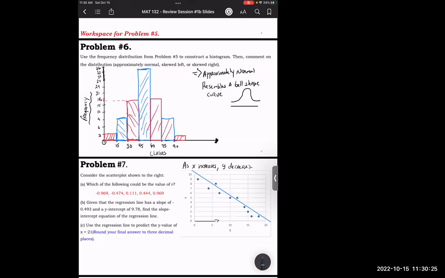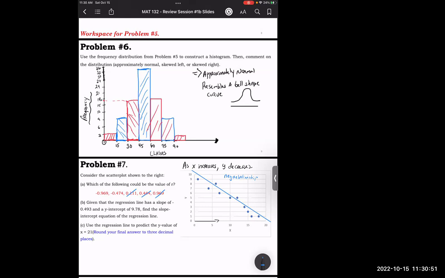0.11, 0.44, 0.969. That's right, because again, we can see that as x increases, y is decreasing. This is a negative relationship. And with a negative relationship that is linear, the value of r is not going to be anywhere positive. It's never going to be anything greater than 0.